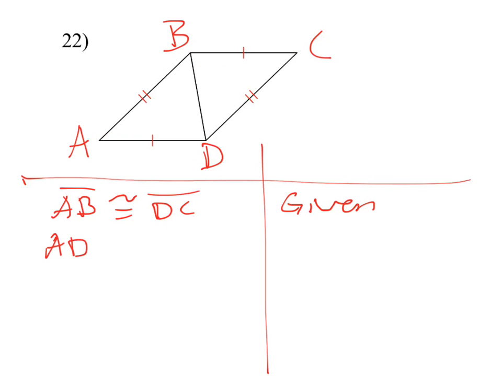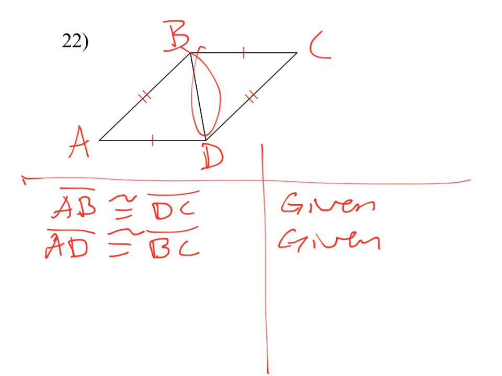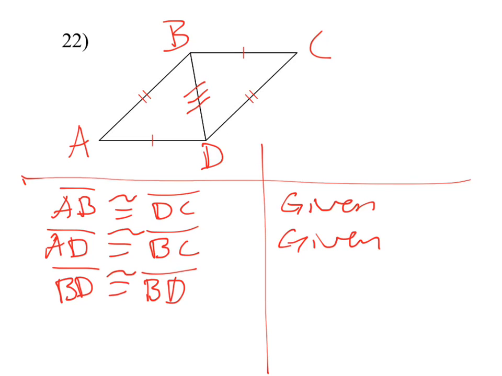So that's AD congruent to BC. That's given. And I know right here in the middle, that side is congruent to itself. And that's side BD congruent to BD. It's congruent to itself. That's the reflexive property.